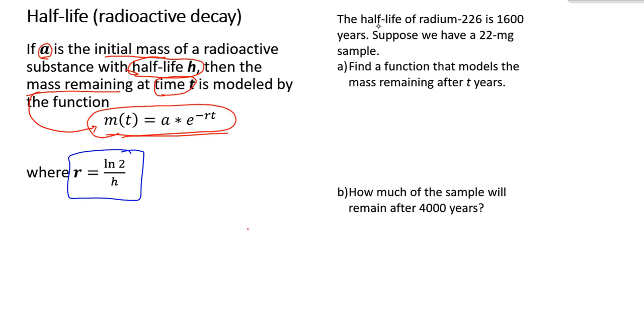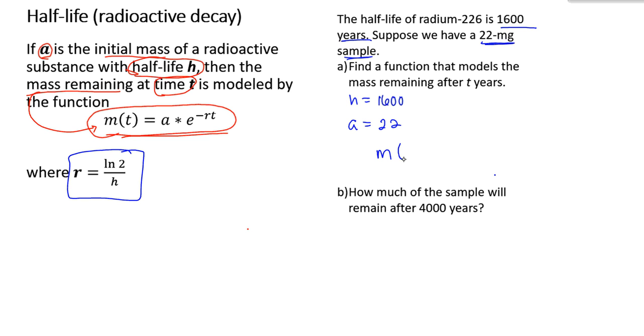So this problem says the half-life of this substance is 1600 years. Half-life is h, 1600. Suppose we have a 22 milligram sample. That's the amount you started with, which is going to be A. Find a function that models the mass remaining after t years.